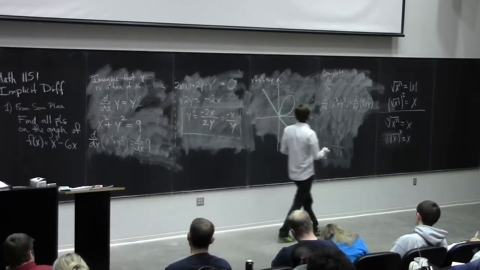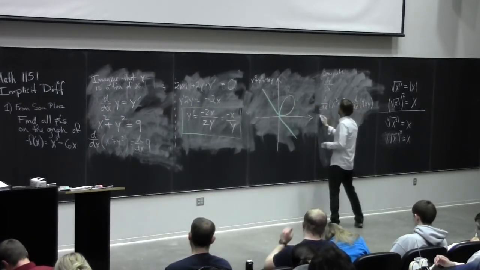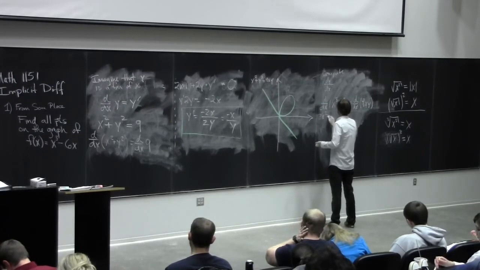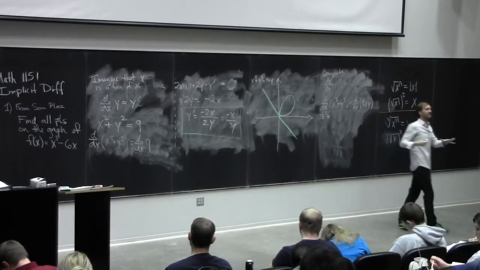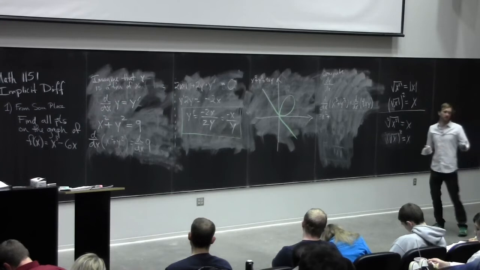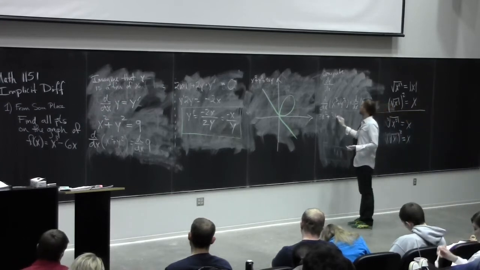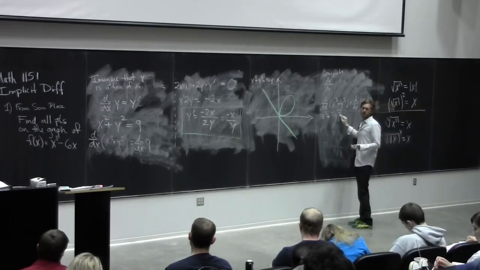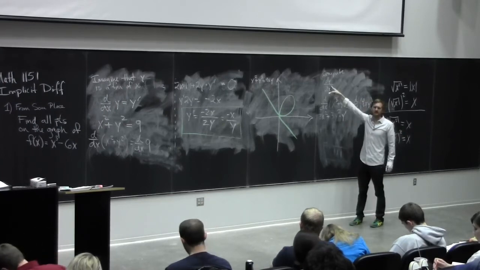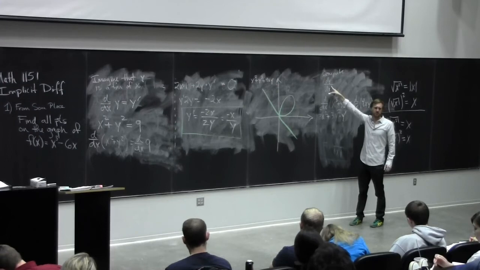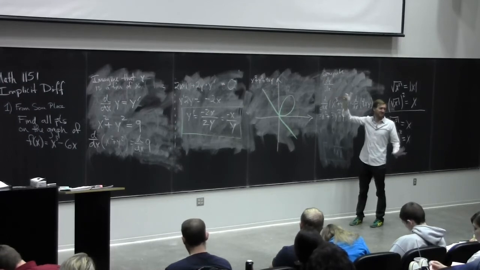Right, what's the derivative of x cubed? 3x squared plus the derivative of y cubed. 3y squared times y prime. You could also write dy dx if you want to. We do that sometimes. All right, it's the same thing.